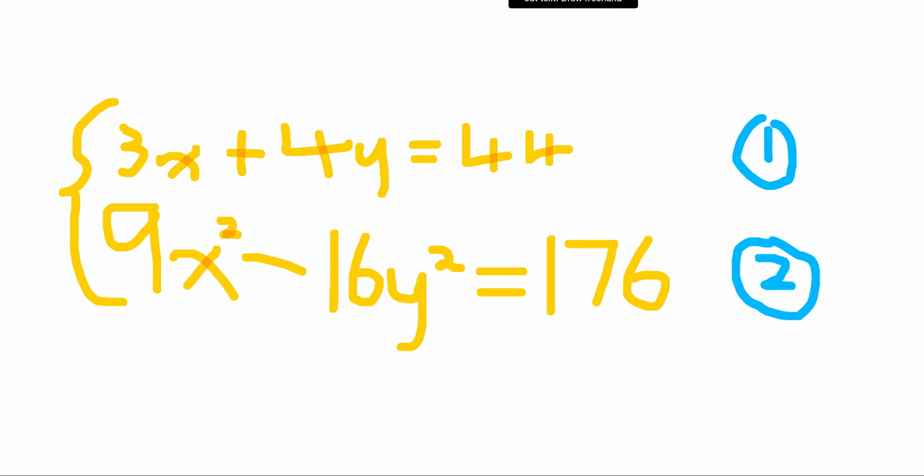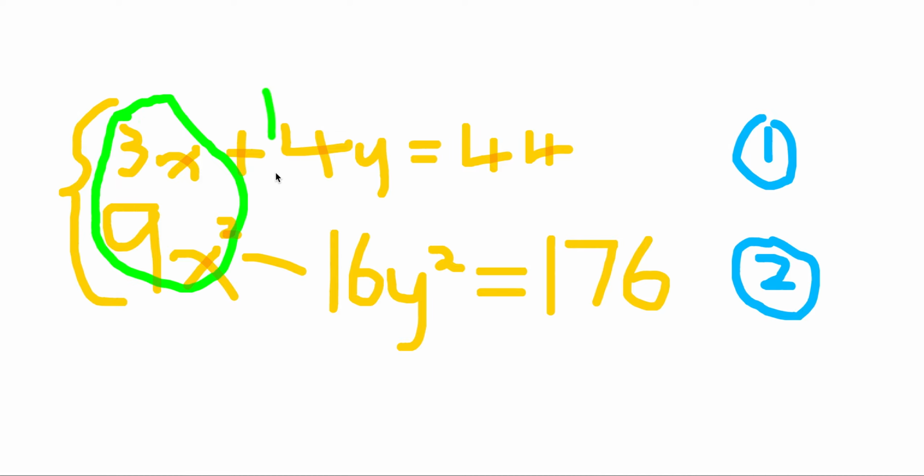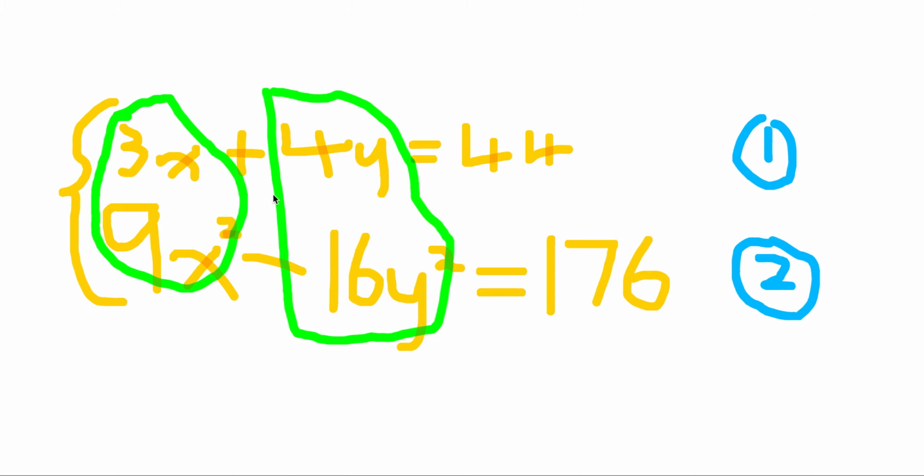So to do less work, you've got to spot the relationship here. As you can see, 3x is actually the exact square root of 9x squared, and 4y is the exact square root of 16y squared. Ignore that minus sign just for now.